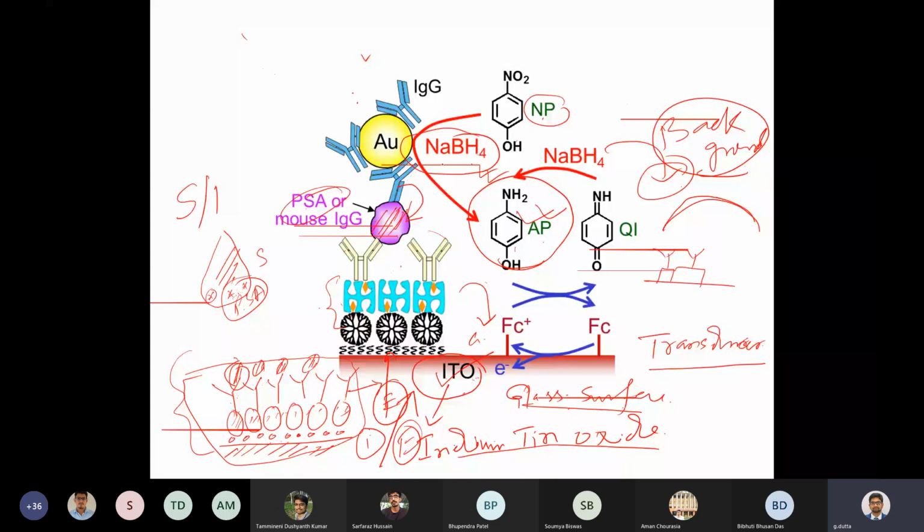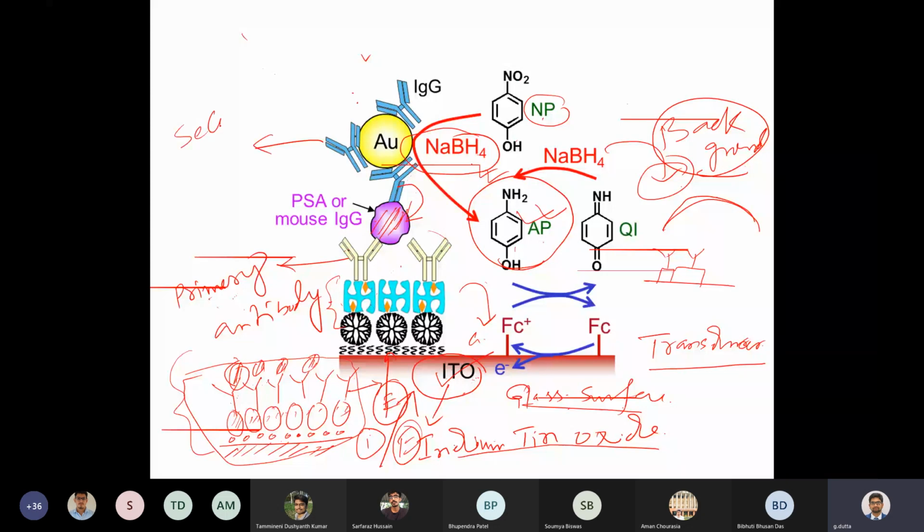Okay, so I'm going to write here. This antibody is called the primary antibody, which is already bound on the transducer surface, and another antibody that is called the secondary antibody. After adding your target, you can add another antibody that is conjugated with Au.